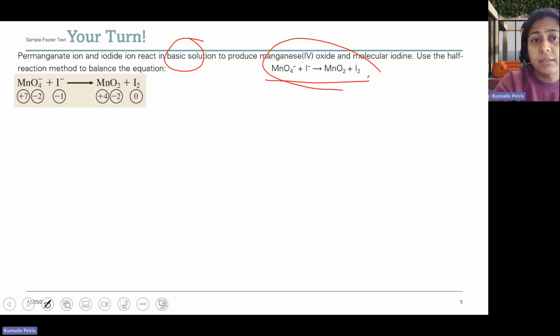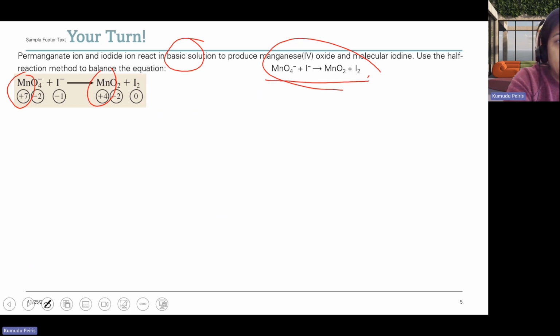In permanganate ions, manganese is in the +7 oxidation state. In manganese dioxide, manganese is in the +4 oxidation number. Therefore, manganese is reducing from +7 to +4, right?